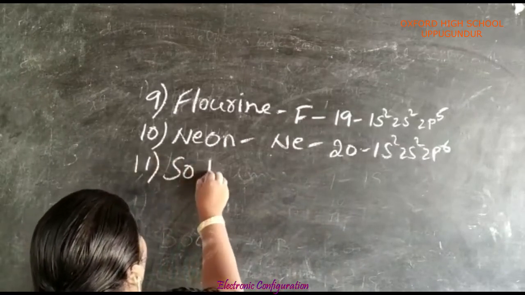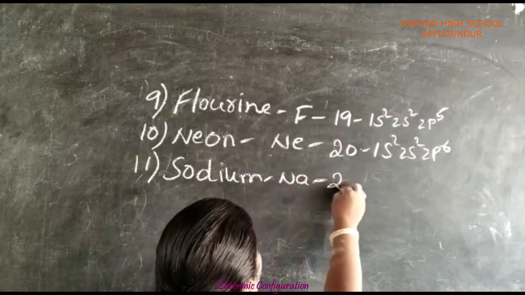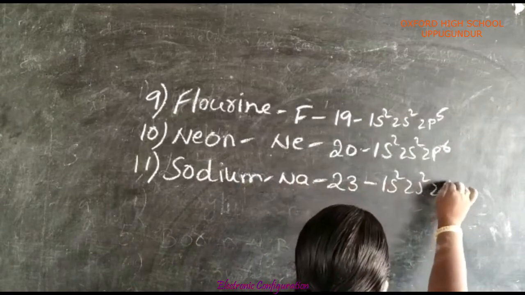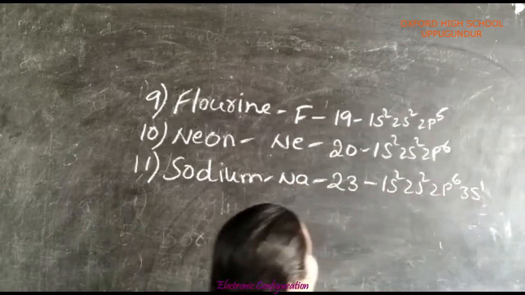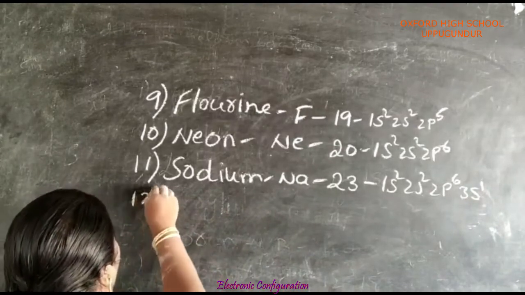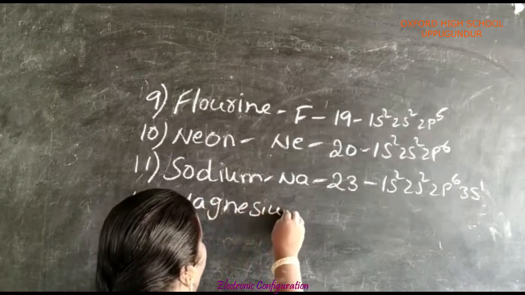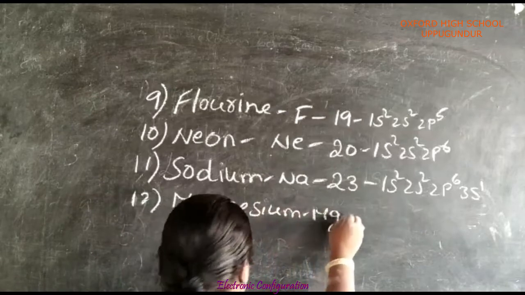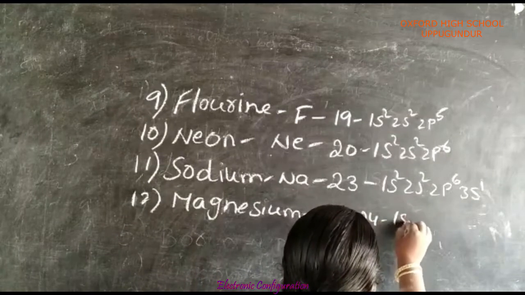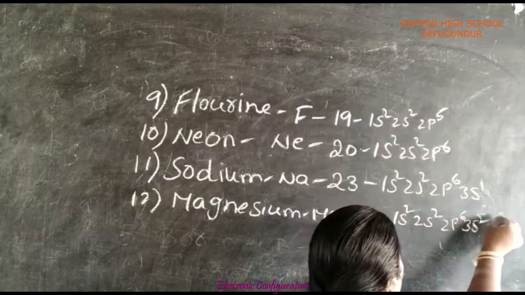Next one, sodium. The atomic weight is 23. The electronic configuration is 1s2, 2s2, 2p6, 3s1. Next one, magnesium, Mg. 24. 1s2, 2s2, 2p6, 3s2.